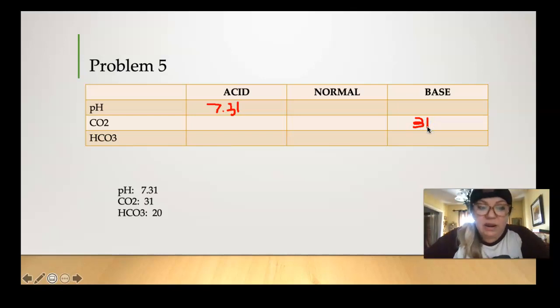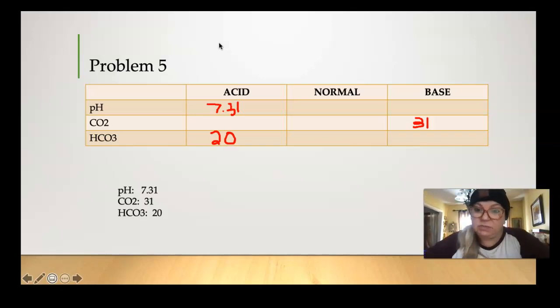Okay, now our HCO3 is 20, so that is on the low side. So again, I'm going to go down here on the low end and put this over here with the acid side, because that's where it's on. It's on the acidic side of the column. So we have a metabolic acidosis, because you've got metabolic and the pH is acidic, so metabolic acidosis.